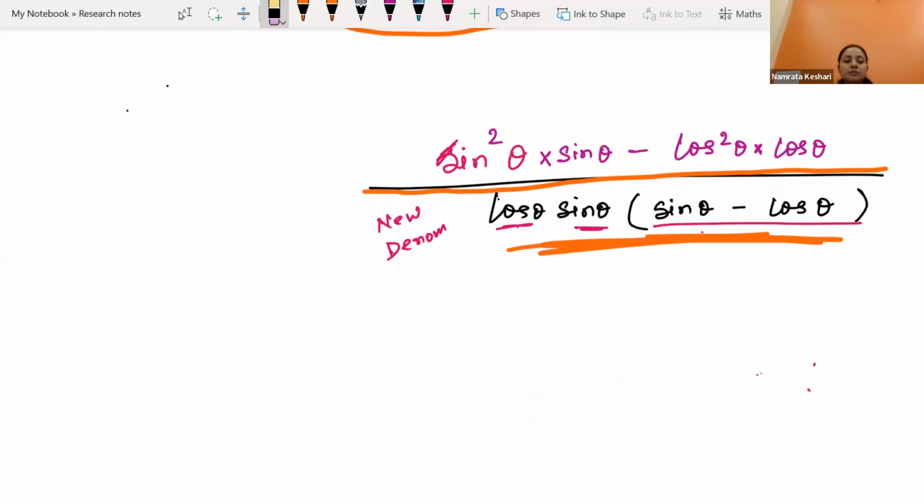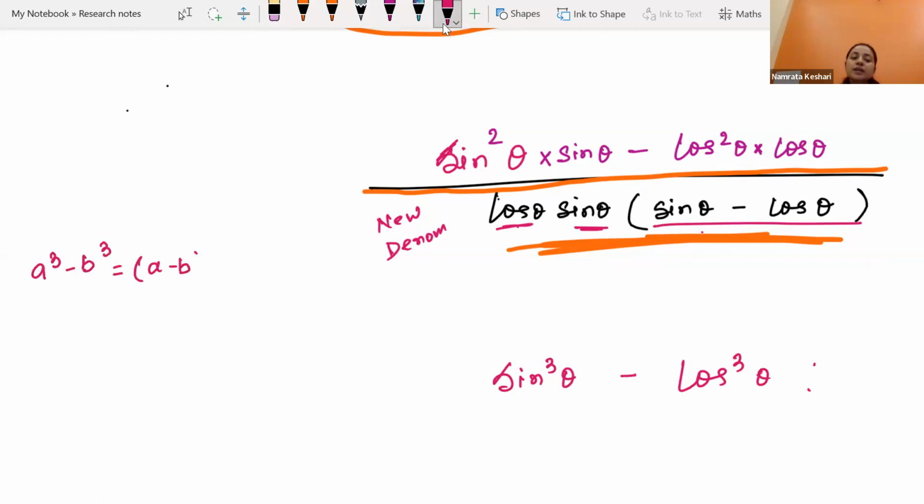A minus b into a plus b? No. A cube minus b cube. In the numerator it became sine cube theta minus cos cube theta. Do we know this type of formula, a cube minus b cube, in another bracket?